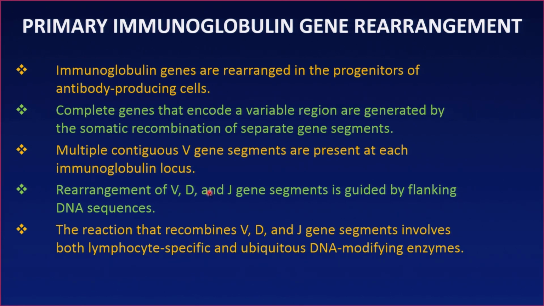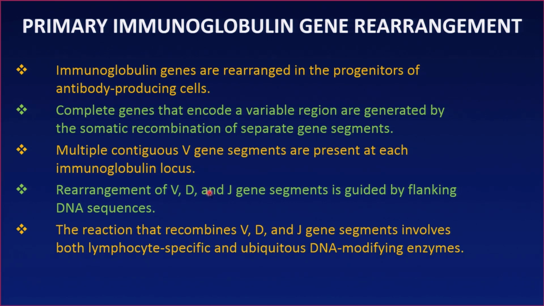That you know, multiple contiguous V gene segments are present at each immunoglobulin locus, like V1, V2, V3, that is what exactly it means. Rearrangement of V, D and J segments is guided by the flanking DNA sequence, that is the heptamer and nonamer.